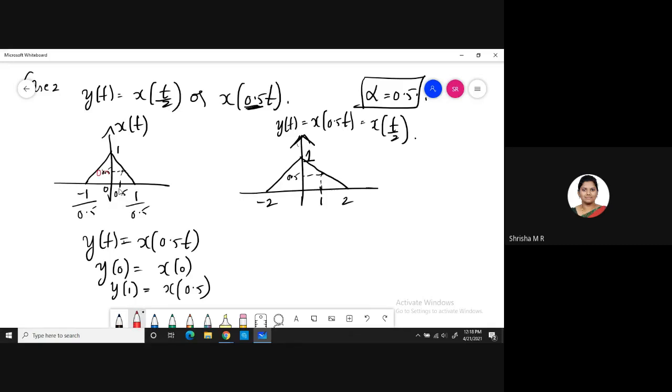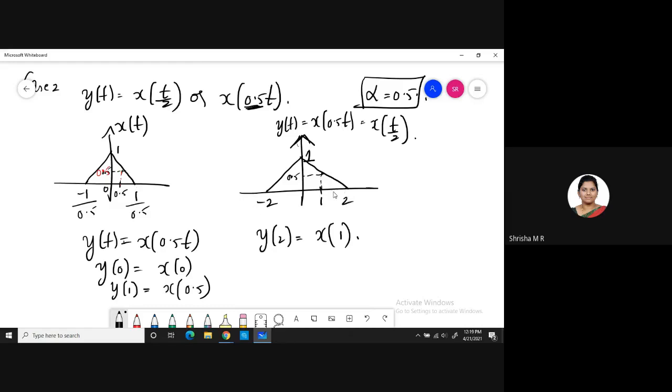So at y of 1, it is equal to x of 0.5, and the amplitude is 0.5. So what happens at y of 2? x of 0.5 into 2 will be x of 1. So at 2, you'll have the value which is at x of 1. It is 0.